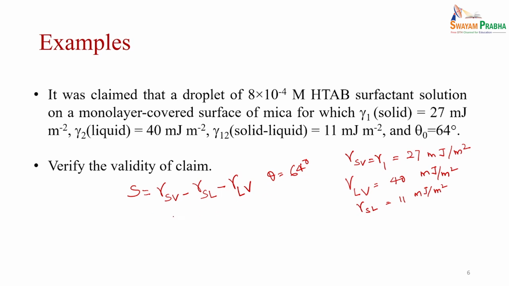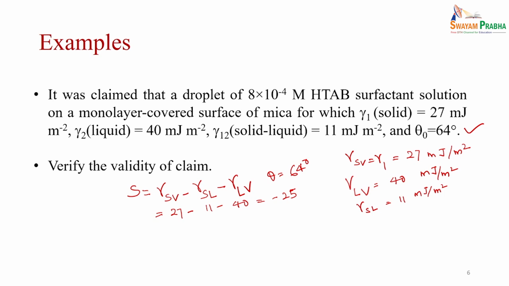So, this will be gamma solid vapor 27 minus solid liquid 11 minus 40. So, this will come out to be minus 25. As it is less than 0, it means there will be partial spreading and the formation of a contact angle will take place. So, the first thing, we will observe some contact angle.